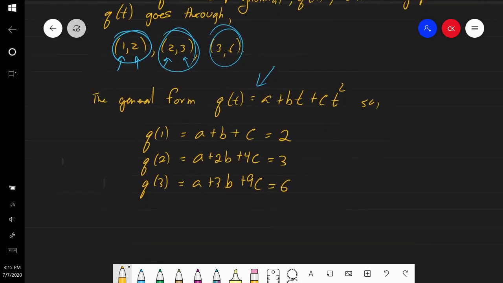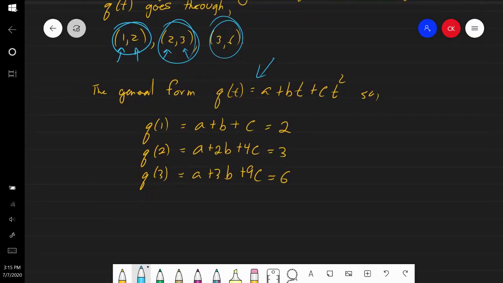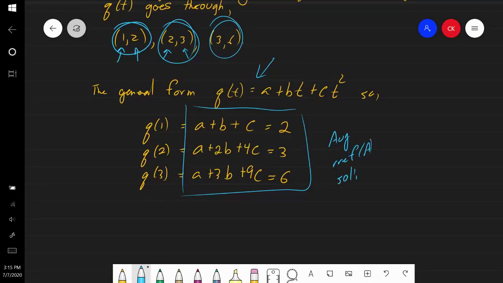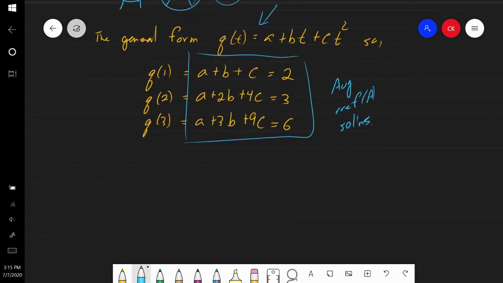And what results from this, I think pretty obviously, is a system of equations. And it's linear, so we can do our normal routine on it. We would turn this into an augmented matrix, RREF it, and then we would grab the solutions off from there and interpret them in terms of the context of the problem.